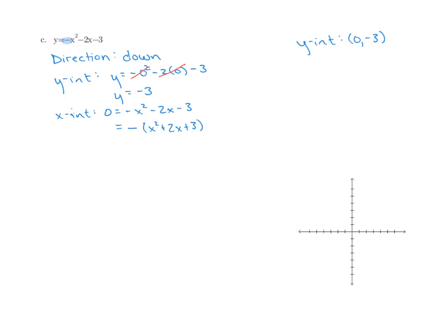Now we do want to be careful because this actually does not factor. We have a +3 here, and in order to multiply to a +3, we want numbers with same signs, but there is nothing that multiplies to a +3 and combines to a +2. So this doesn't factor.